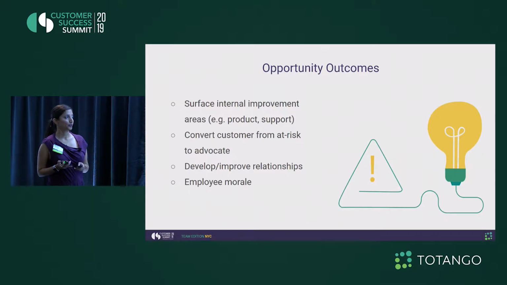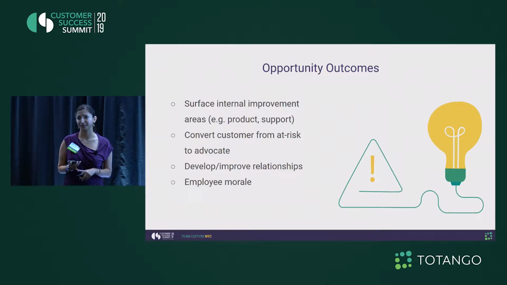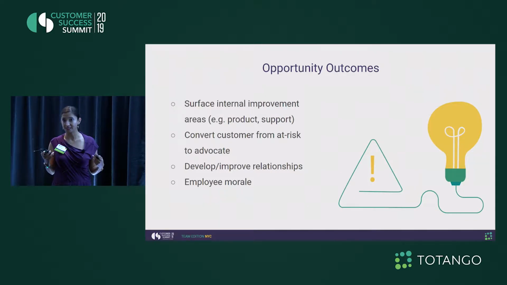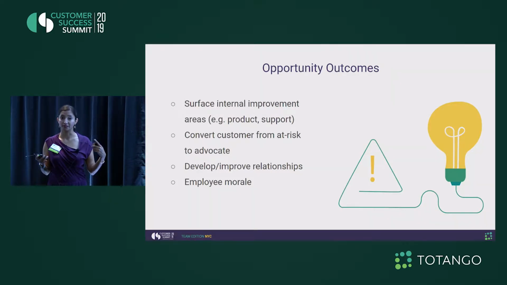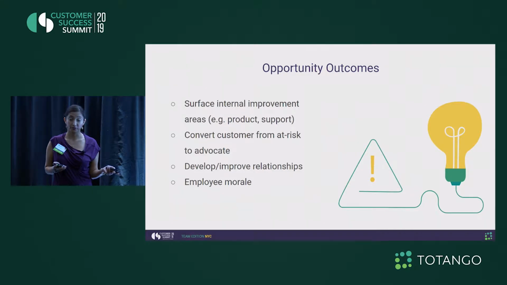Number one, you have the opportunity to, again, surface internal improvement areas. So we talked about accounts being in escalation because of product functionality gaps. So now there's an opportunity for the product team to reevaluate, reassess, or actually look and factor in a lot of the feedback that they're receiving, right? Support, maybe they're related back to the support tickets.